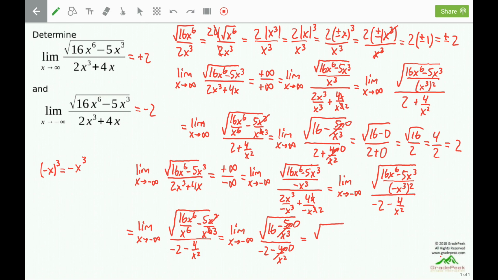This will result in the square root of 16 minus 0 divided by minus 2 minus 0. 16 minus 0 is 16. Minus 2 minus 0 is minus 2. The square root of 16 is a 4 over minus 2. Positive over negative is negative. 4 over 2 is a 2. So it equals negative 2. And there are the results of the two different limits.